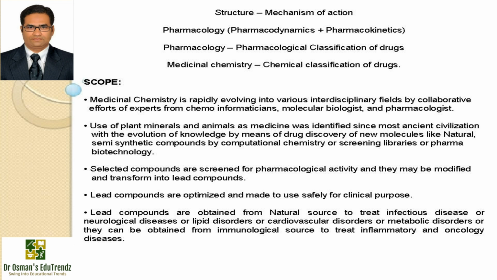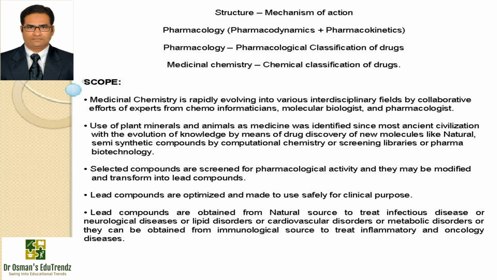Now, what is the difference between pharmacology and medicinal chemistry? Medicinal chemistry basically involves the study of chemical structure. The one major difference is that in medicinal chemistry we need to study chemical classification, whereas in pharmacology we study the classification based on the drug action.